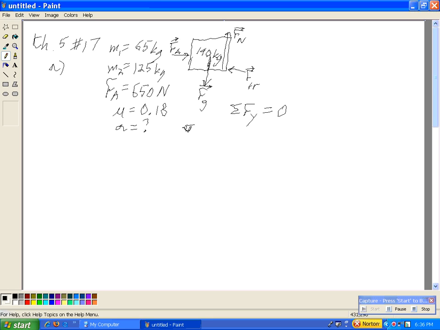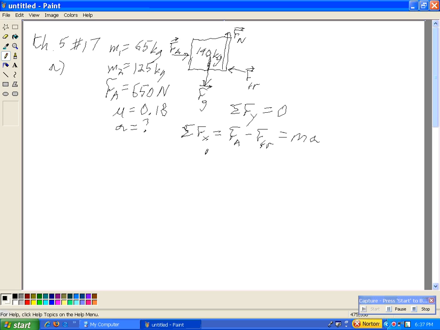Okay, so the sum of the forces in the x direction, however, is the applied force minus the force of friction, and that will equal mass times acceleration. So, let's spell this out.